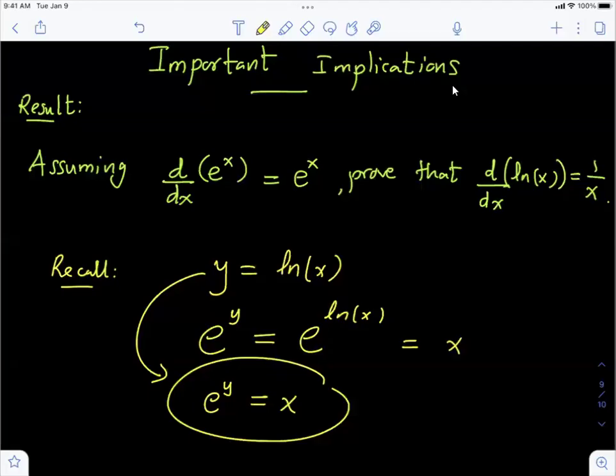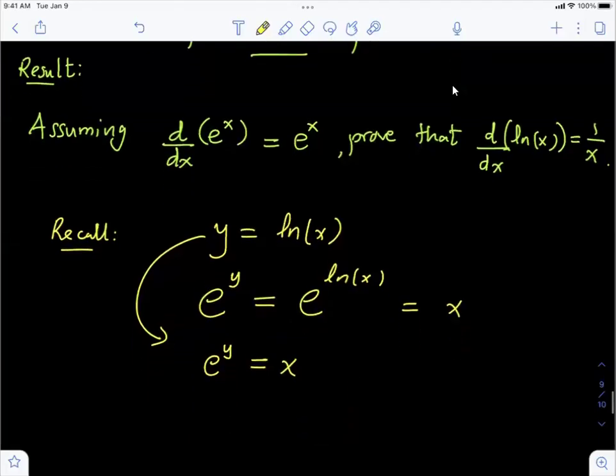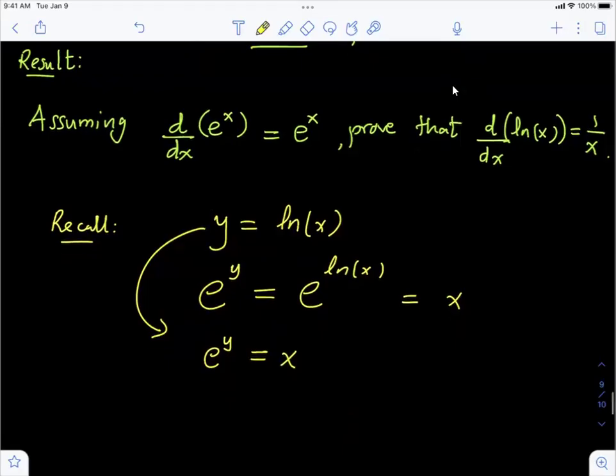Now, this is what I'm going to do. Don't forget what we have here: y equals ln x. To find the formula here, what I need to do is to find dy/dx, because y is another name for ln x. So if I find dy/dx, I'm done. Now to do that, I'm going to employ this equation other than employing what we had at the beginning. So now let's use implicit differentiation.